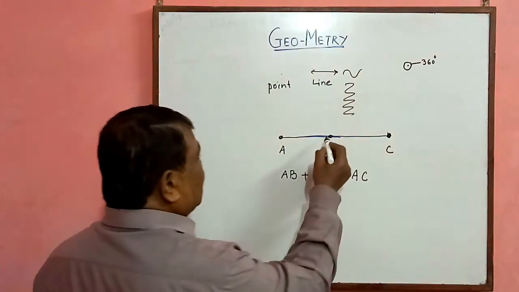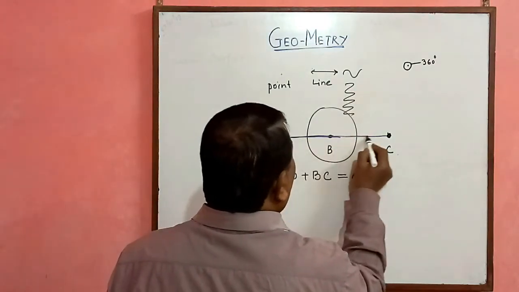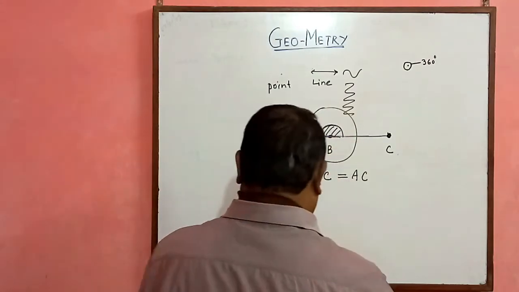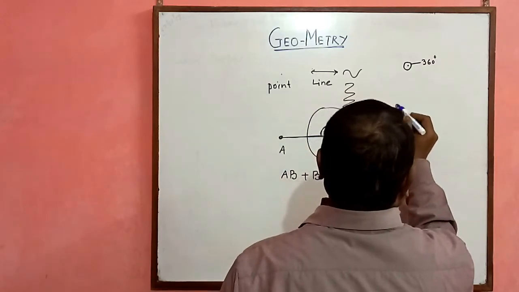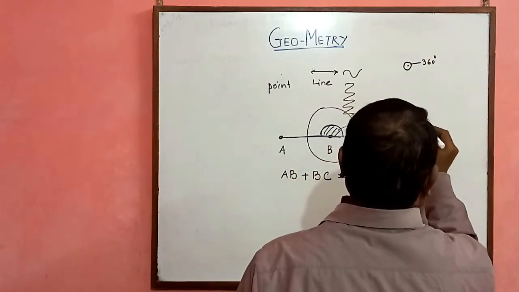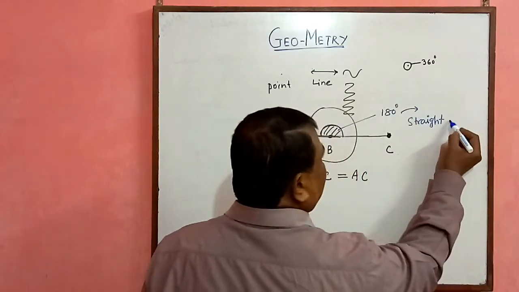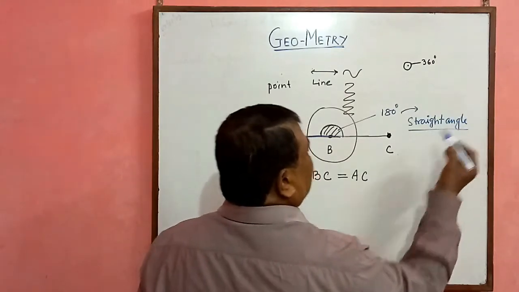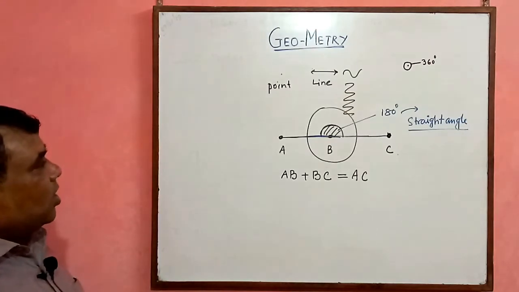Here it is half of this region, so definitely on the line, the angle will be 180 degrees. Straight angle, that's why it is known as straight angle, 180, because it forms on a line.